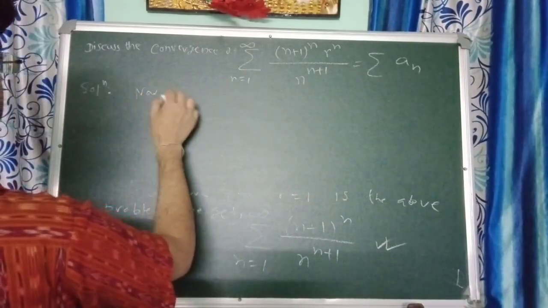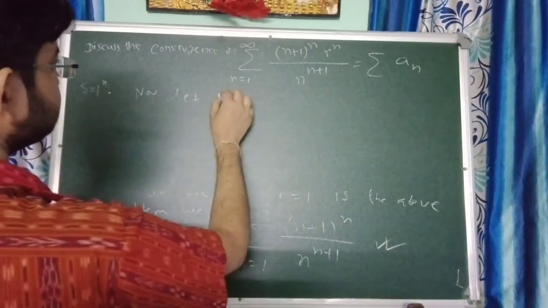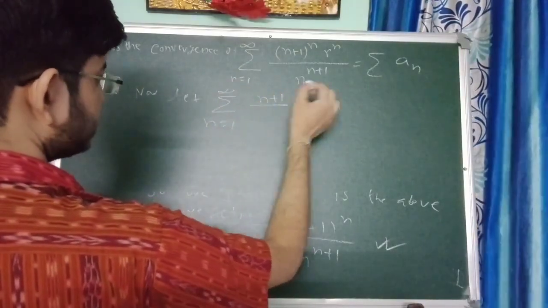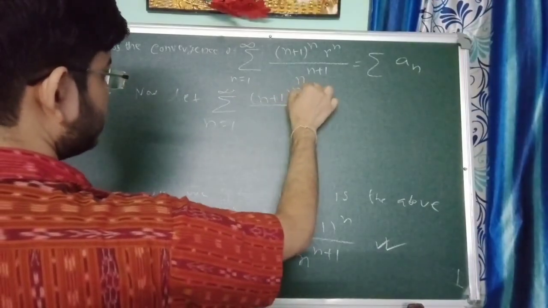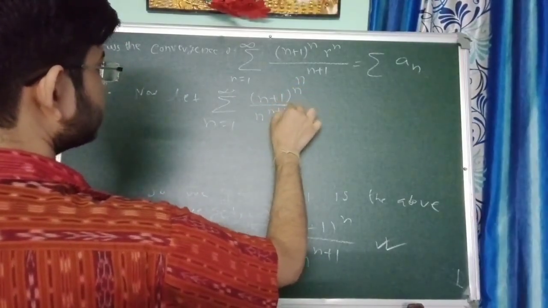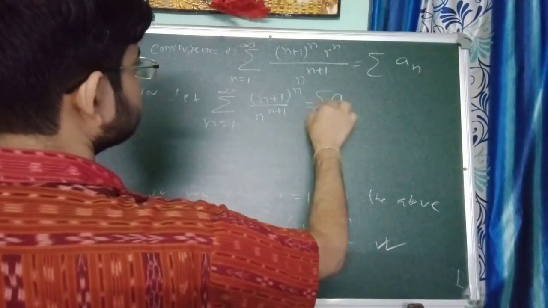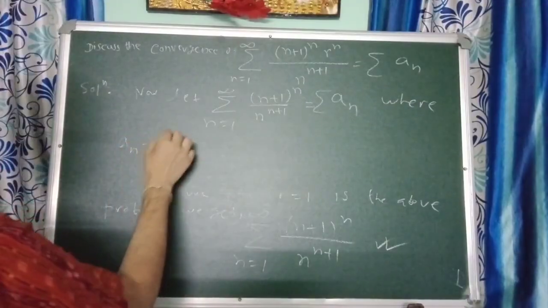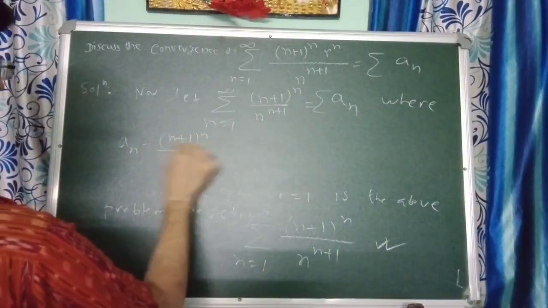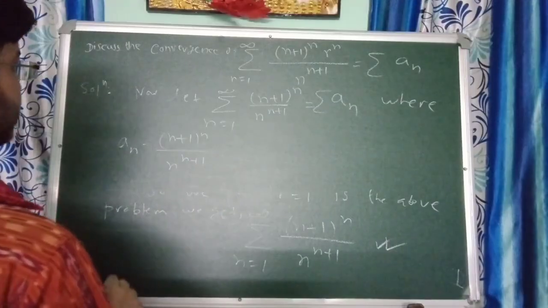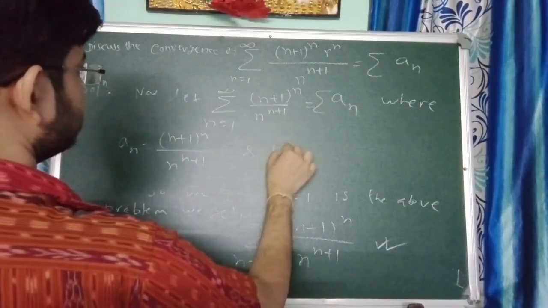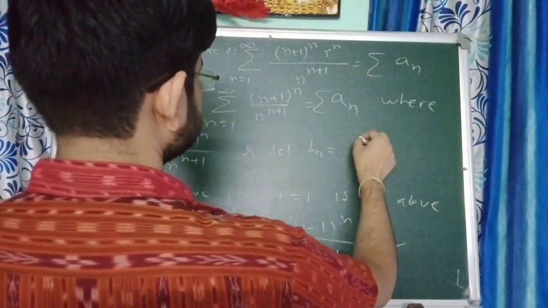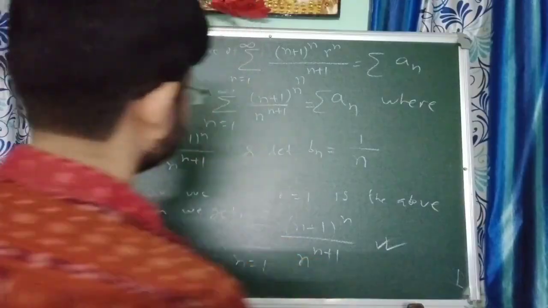Now let summation n equals 1 to infinity (n plus 1) to the power n divided by n to the power n plus 1 be summation an, where an equals (n plus 1) to the power n divided by n to the power n plus 1, and let bn equal 1 by n.